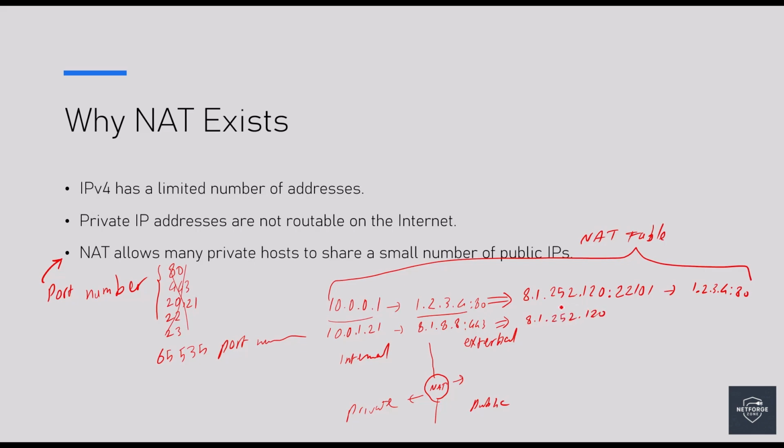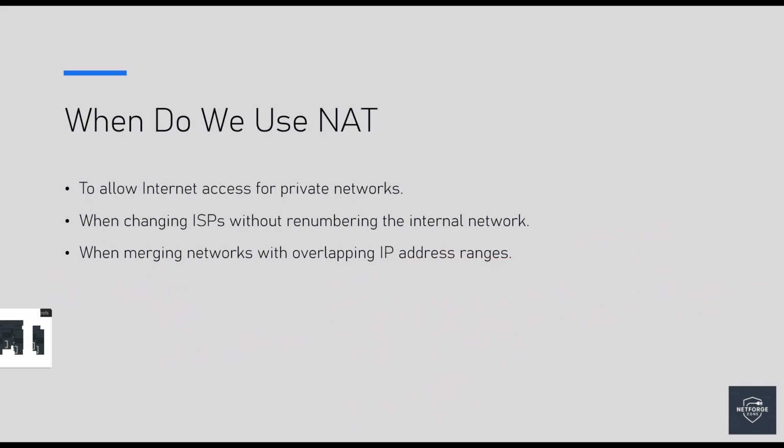You see that the same IP address is used, but I'm going to allocate it a random port number, 22102, for example. And I'm going to send it to 8.8.8.8 on port 443. So you see that this is how I make sure that internal addresses are able to reach external addresses. Private addresses are able to reach public addresses. So that is the overall usage of NAT that I just told you.